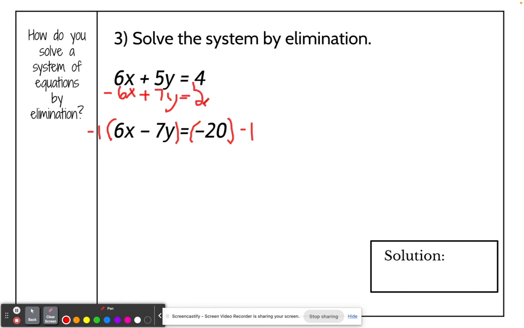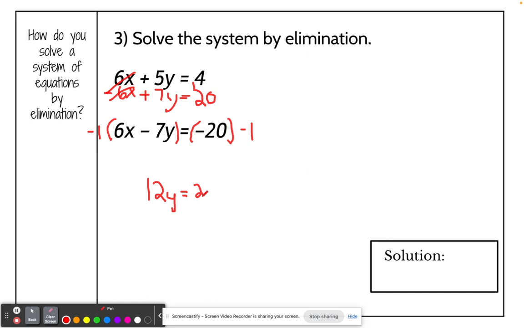Now I can add these two equations. 6x, -6x, that cancels out. 5y plus 7y is 12y. 4 plus 20 is 24.